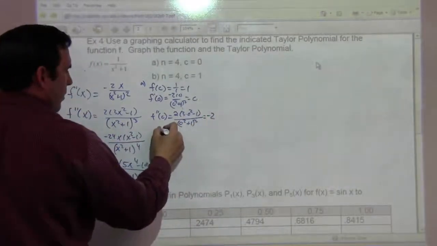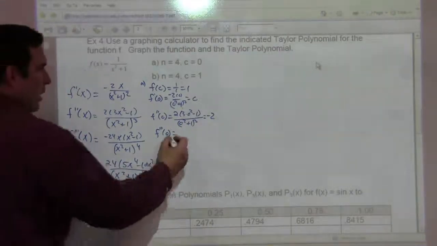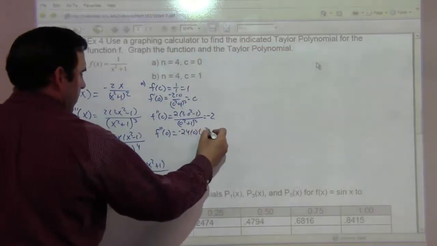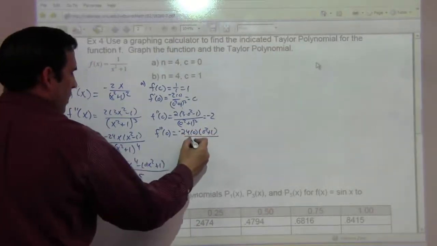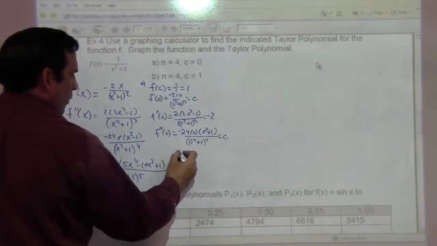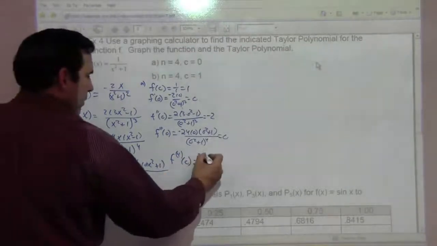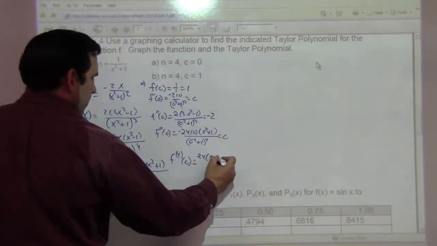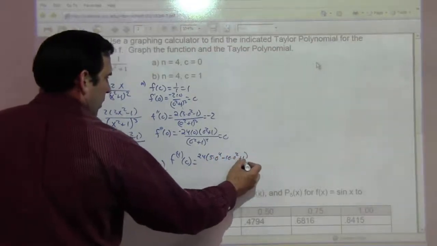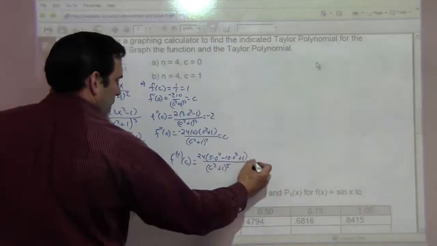Our third derivative at 0 is going to be negative 24 times 0 times 0 squared plus 1 over 0 squared plus 1 to the fourth power. That's just 0. And our fourth derivative at 0 is going to be 24 times 5 times 0 to the fourth minus 10 times 0 squared plus 1 over 0 squared plus 1 to the fifth power. And that's 24.